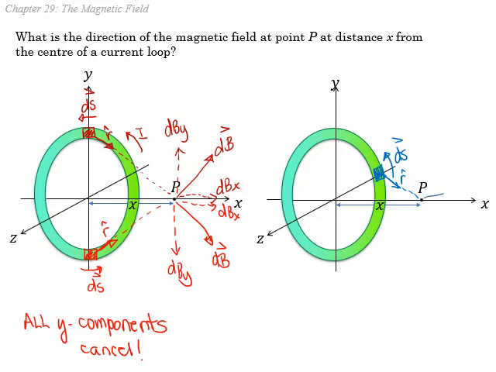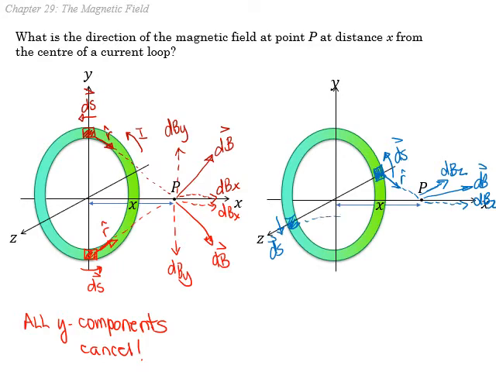So here I'm trying to draw 3D. It's not actually that easy, but hopefully you watched the video and that explained it with the toothpicks. So there's the x component and there's the z component. To get the cancellation, we'll also look at the little bit of ds over in positive z, so the very front of the loop.